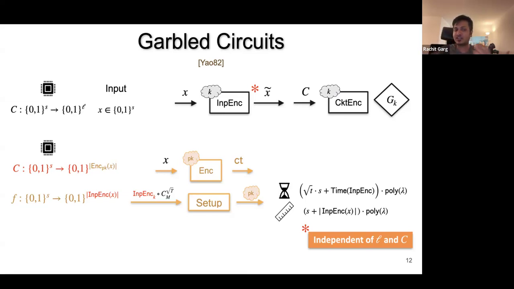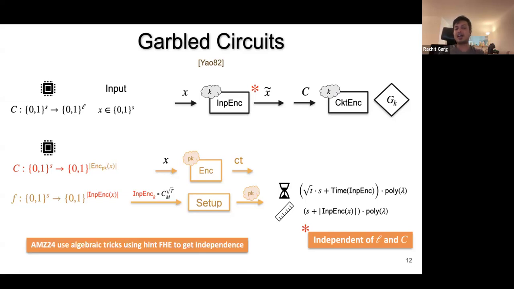So there is a kind of circularity happening here, which we want to make independent. And garbled circuits are the right tool to do this. Agrawal, Malavalta, and Zhang also did this, but they used more algebraic tricks and hint fully homomorphic encryption to do this. And we simplified some of their template and made all of this simpler by just observing that you can use garbled circuits to do this.